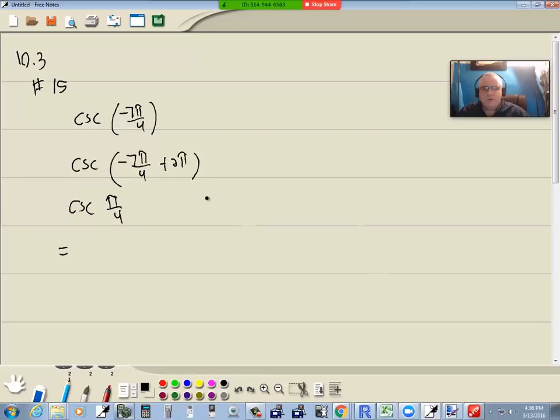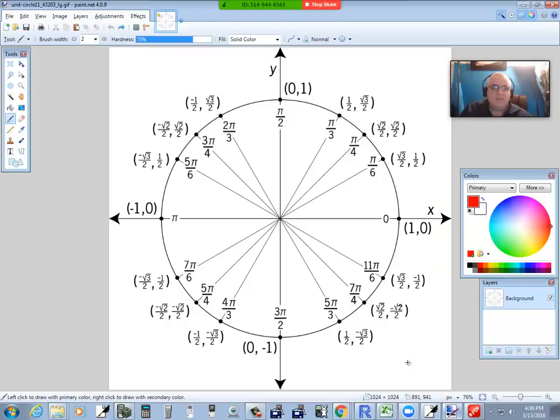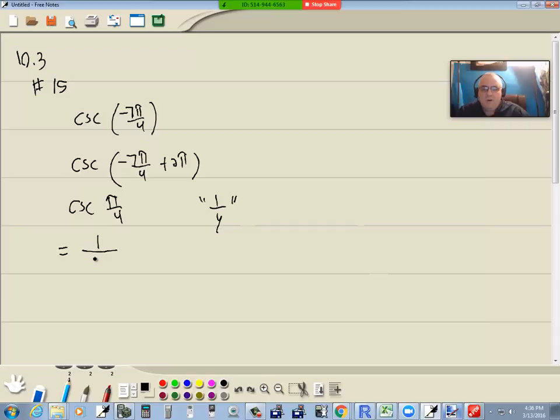Now cosecant, in terms of our unit circle, is 1 over y. So if we go look up pi over 4 in our unit circle, and looking for the y value specifically, pi over 4, our y value, is right here, square root of 2 over 2. So this becomes 1 over square root of 2 over 2.